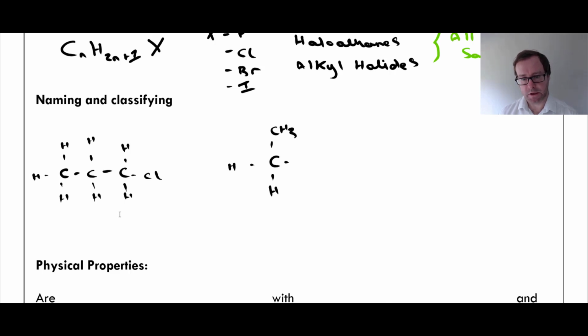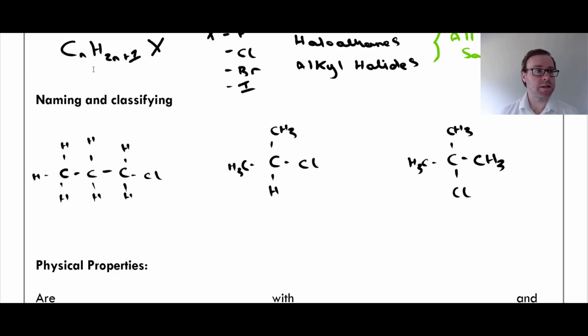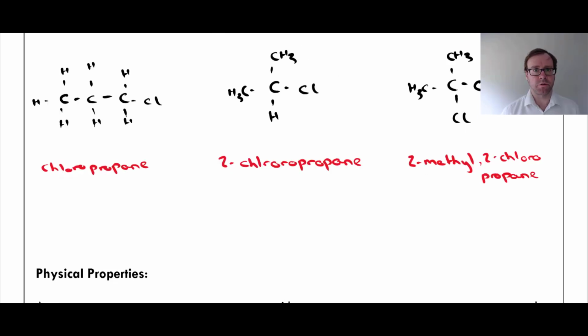If you can draw these, I'm just going to change one of them because that should be CH3. Have a go at naming these. I'll give you a minute. I'm sure you've all managed to do this.